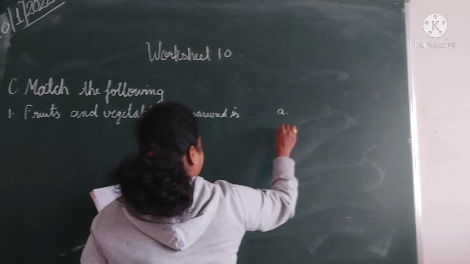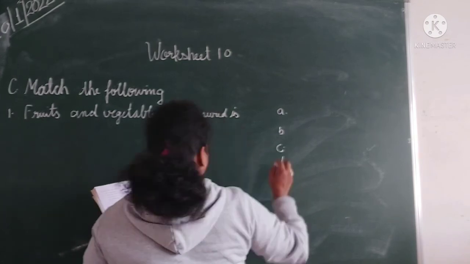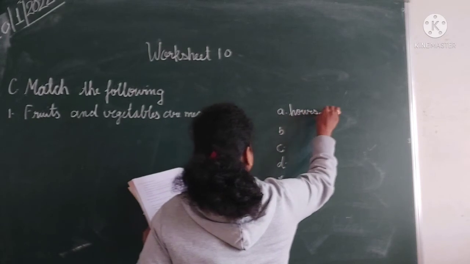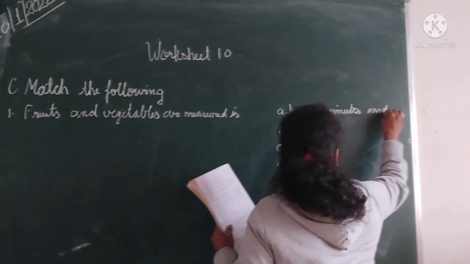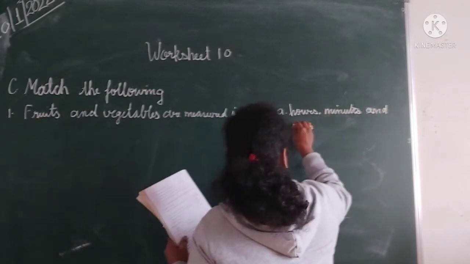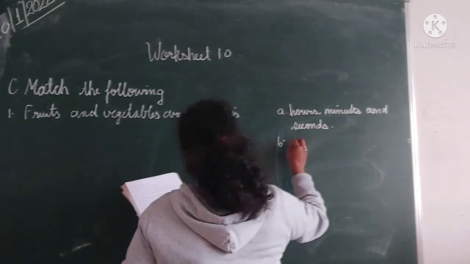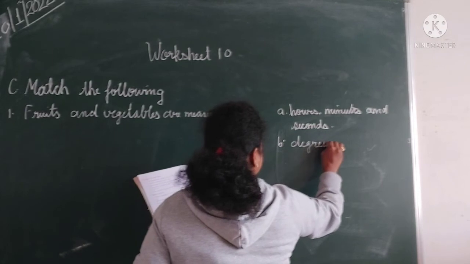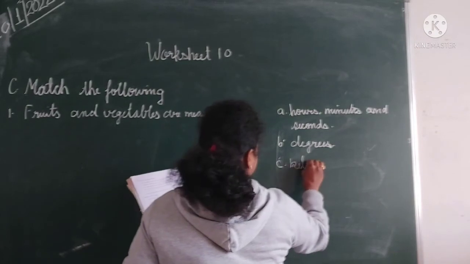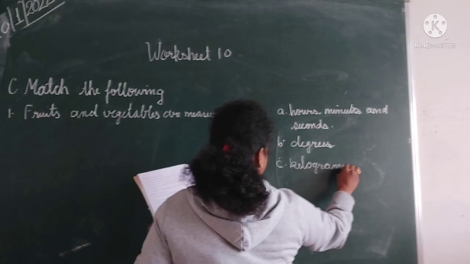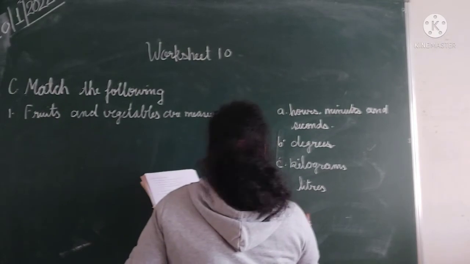I am mentioning here A, B, C, D, E. And your options are A, hours, minutes and seconds. B is degree. C is kilograms. D is liters and E is kilometers.